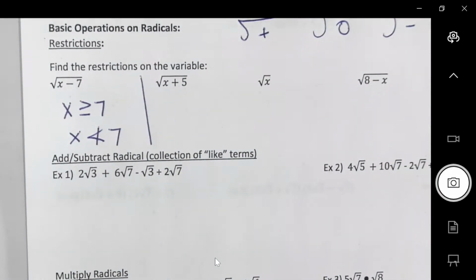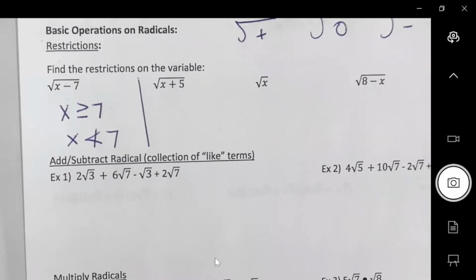Okay, give me a value that works. What's something that would work? There's a bunch of different answers, right? Give me something that works. Anything. There's infinite answers here. 7? 7 works. Negative 4 even works, because negative 4 plus 5 is still good. Negative 5 is still good.